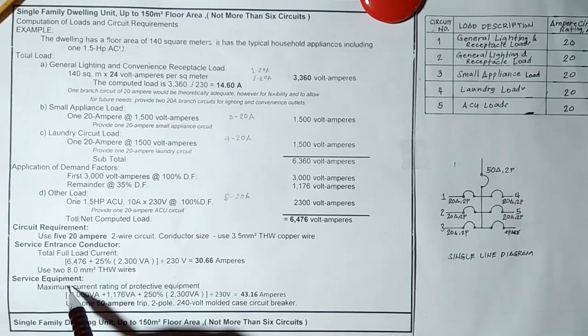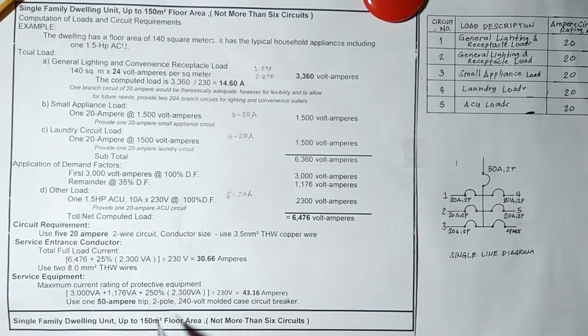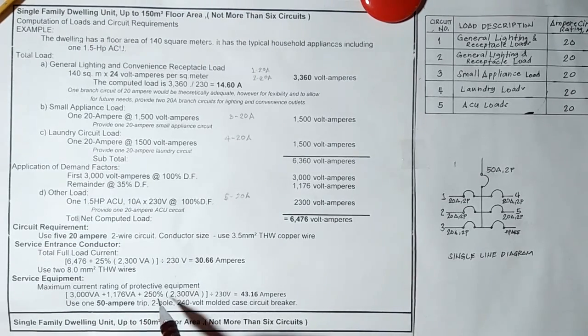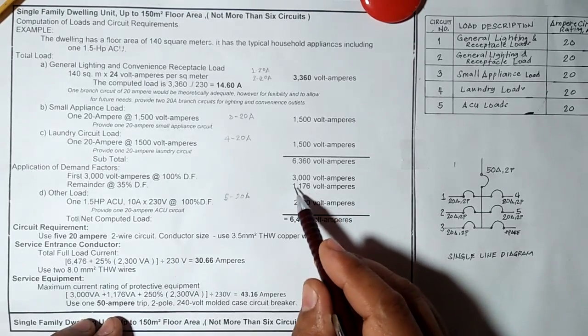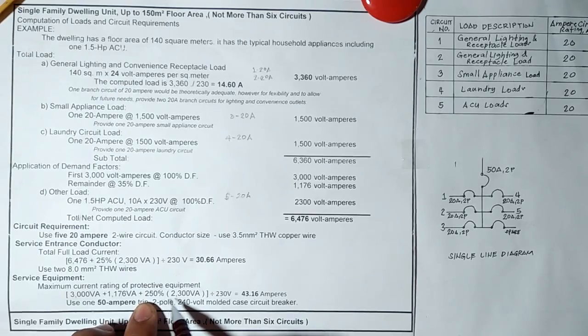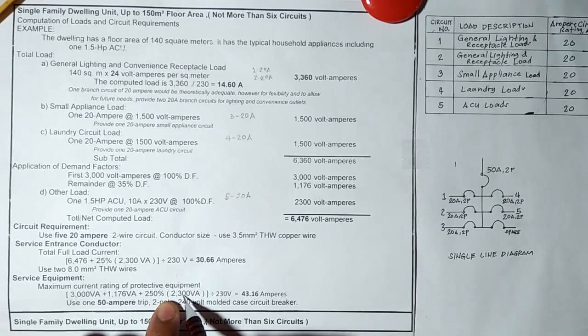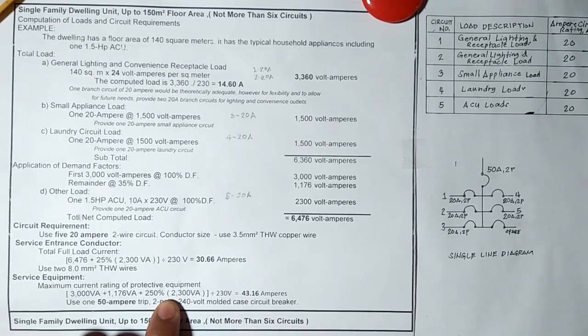So now getting our service protective equipment, our main breaker, maximum current rating of protective equipment. So it is the sum of all full load currents plus 250% of the single motor we used, which is 2,300 volt amperes. Yan po siya. So kung papakita ko lang po sa inyo kung bakit may ganon, ito po.